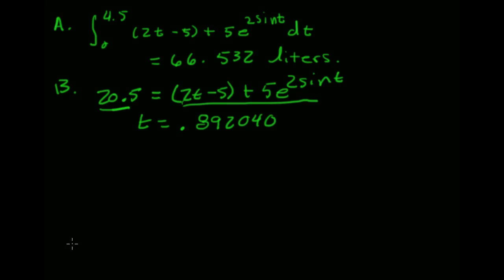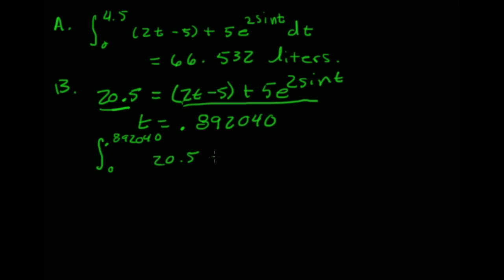All right, so now what I need is the difference between the amount of water that's in there at time k. So the amount of water that's in the first one at time k is going to be the integral from 0 to 0.892040 of 20.5, right?